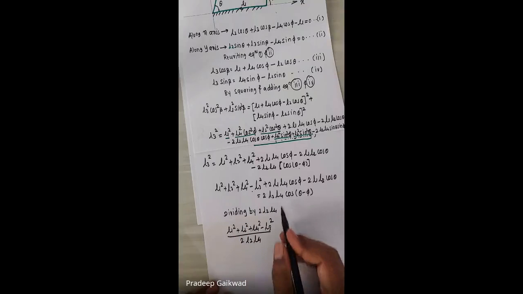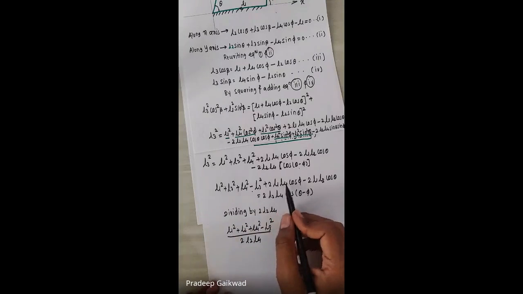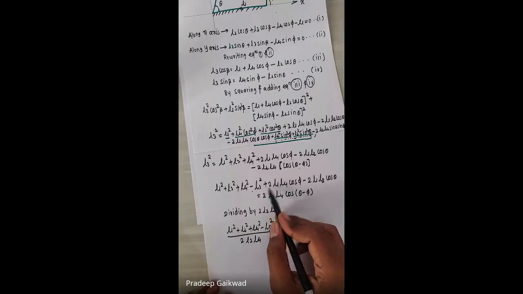So divide to this, then divide to this. If I divide this term by twice L2 L4, what do you obtain? So twice, 2 gets cancelled, L1 L4, what remaining?